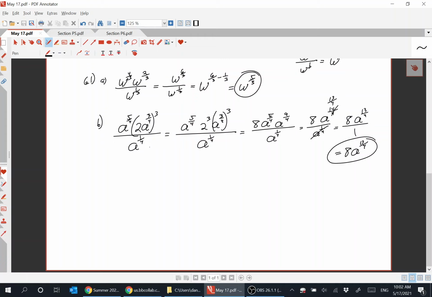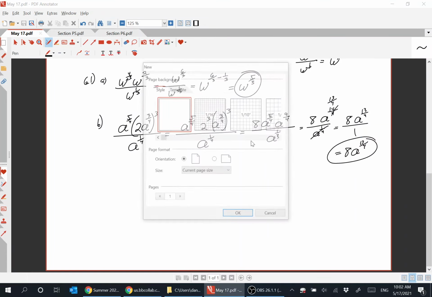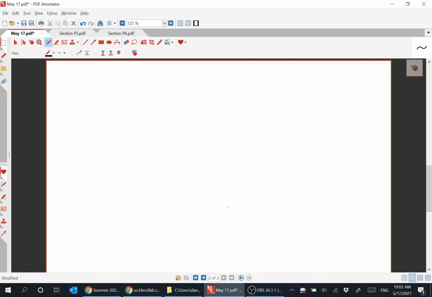Let's see. 63. Well, we did stuff like that already. 65. Let's give 65 a go. Looks like a good one. Eight y to the third, to the minus 2/3, like that.